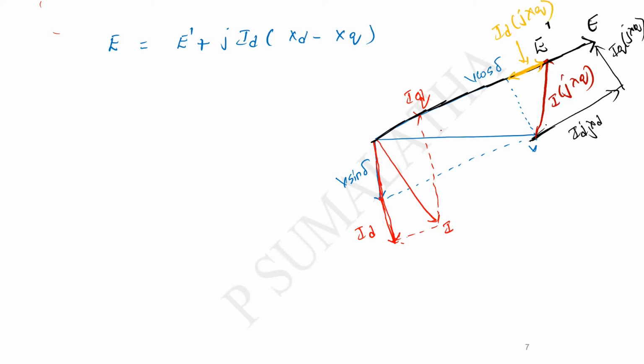Right, now you can see the angle between E dash and V is also del, and the angle between E and V is also del, because E dash and E are all in phase with each other.